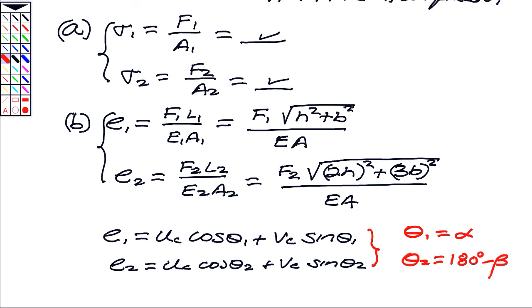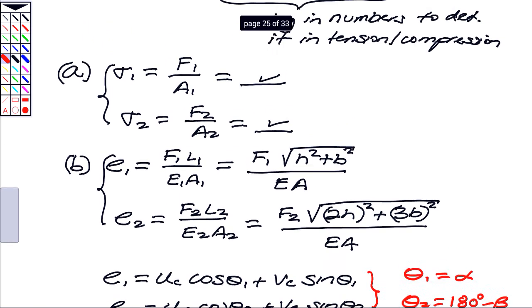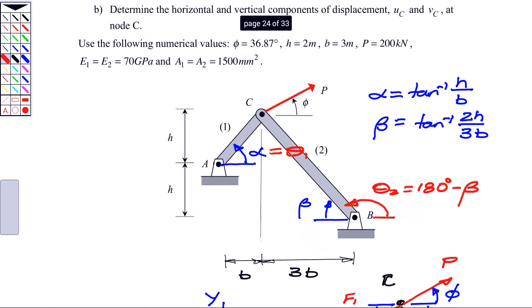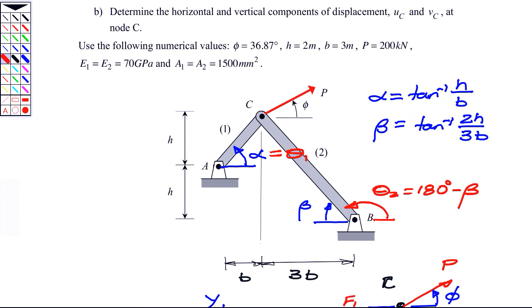So keep in mind that these two angles are very specifically defined as being the angle from the positive x direction measured counterclockwise at the base of each member to it. So it's probably worth going back and looking at the picture. Okay, so if we go to the base of 1, that's here at A, we draw a horizontal line in the positive x direction.